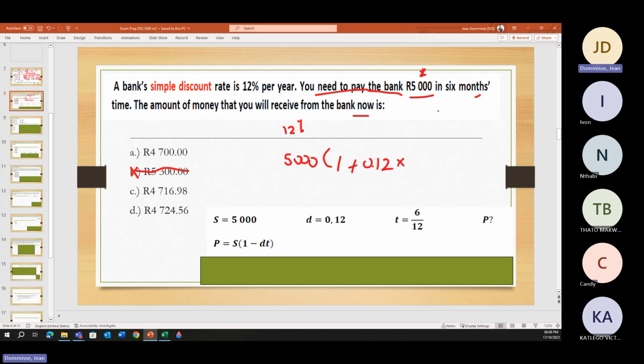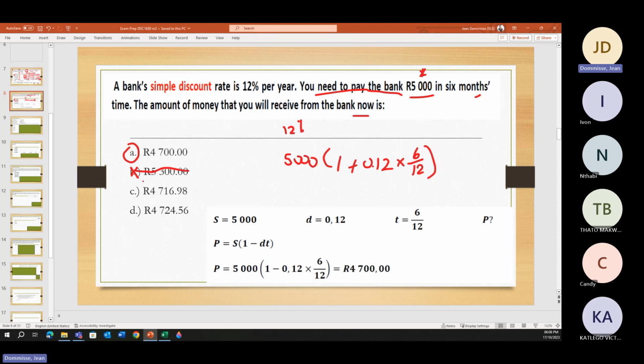And remember, in 6 months' time, so 6 months is 6 over 12. You could have also gone directly to 0.5 because that's half a year. And then if you work this out, you will get 4,700 as your answer.